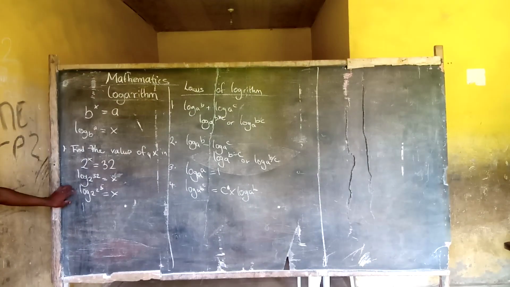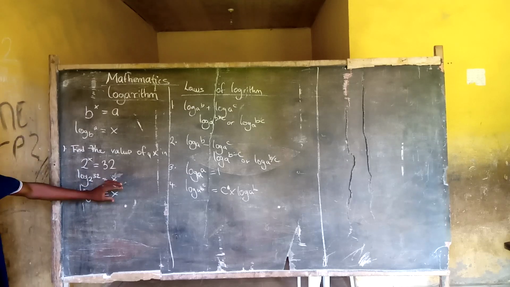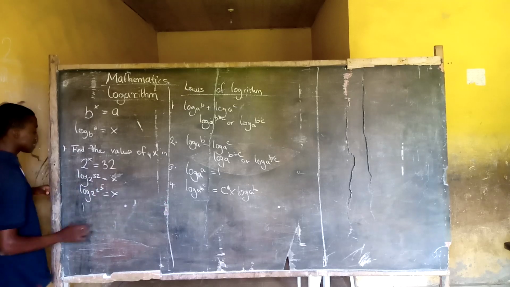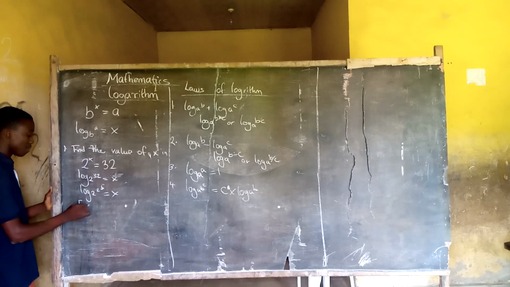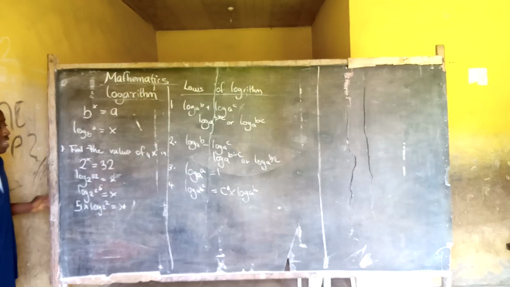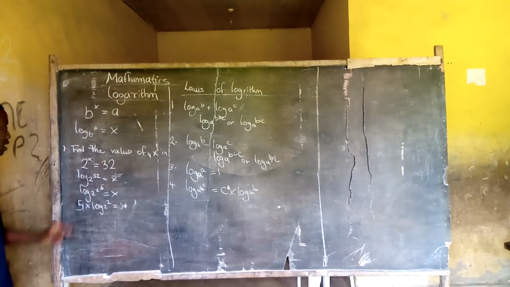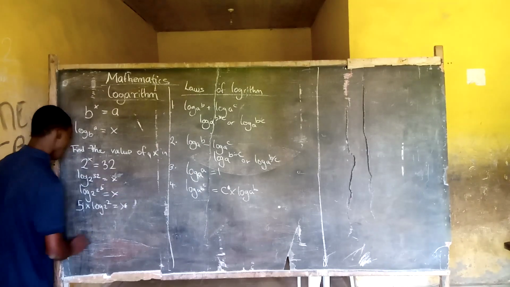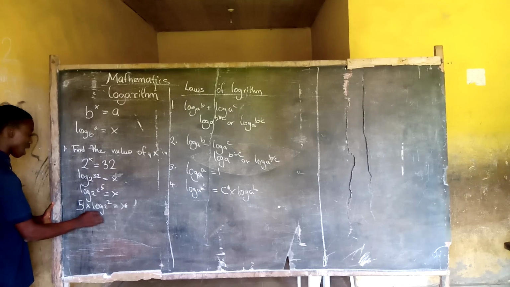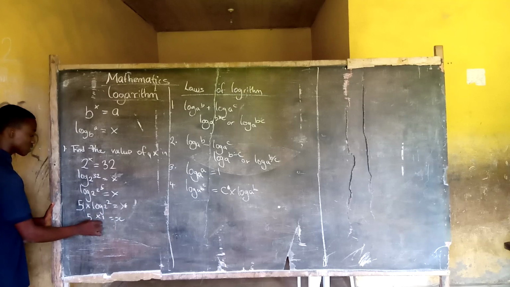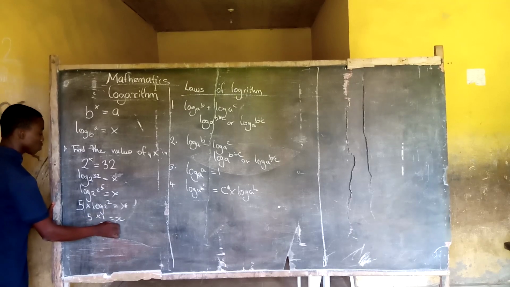For a question like this, you are going to take this 5 to the back to multiply this, and this becomes 5 multiplied by log to base 2 to power 2, and that is x. Now from law number 3, log to base 2 to power 2 is 1. Then this becomes 5 multiplied by 1 gives us x, and 5 times 1 is 5. So our x here is 5.